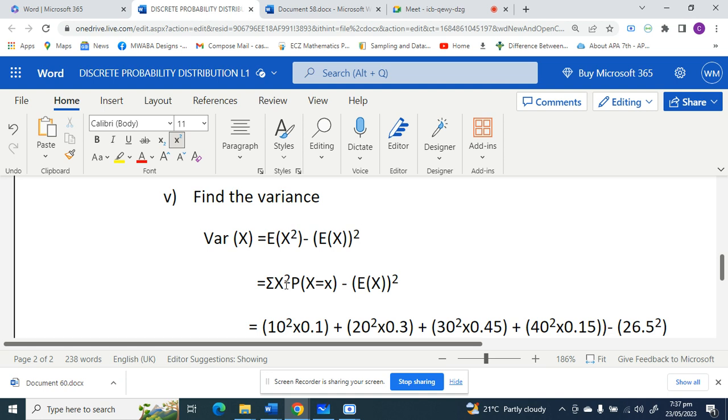Is that okay, colleagues? The random variable, you square it and multiply it with its probability, then you total them up. This is the sigma here, totaling them up. Square the random variable, multiply by its probability, then total them up, then subtract the mean squared, or the expected value squared.